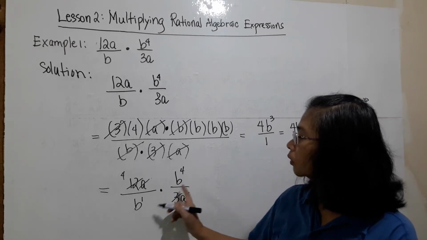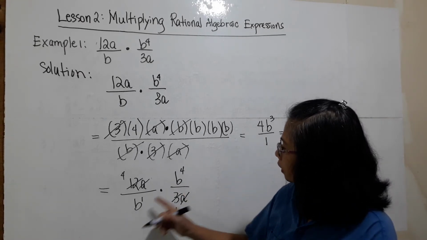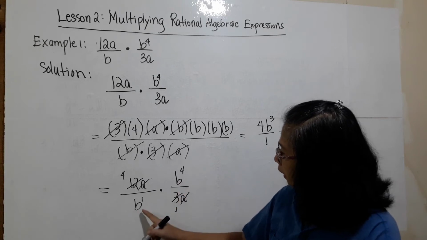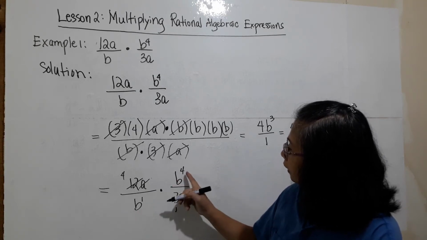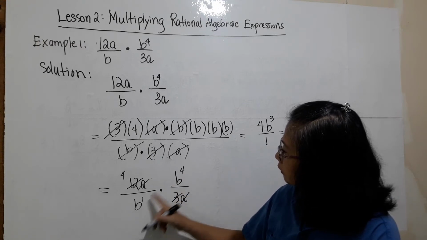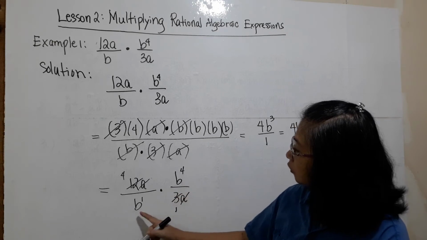We can only cancel if the terms are similar, meaning the variables are the same. Cancellation here means division.